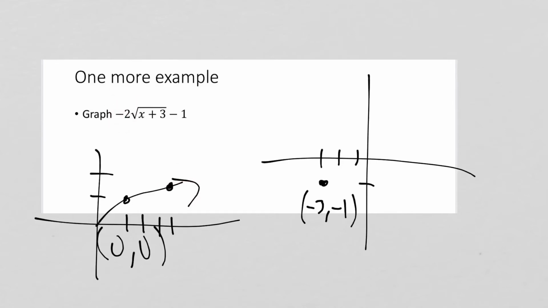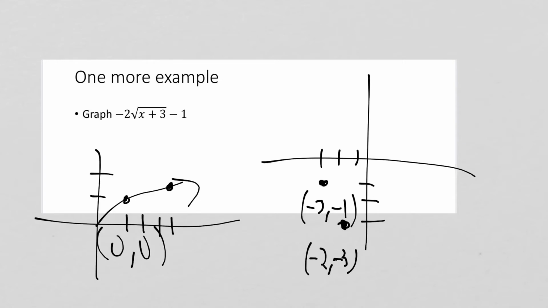So when we travel 1 in the x direction, we're actually going to have to go down 1, 2, since normally we go up 1. We're multiplying that by -2. So we're going to travel 1 in the run direction and then 1, 2 down in the rise direction. Okay, so what's that point? That is at (-2, -3).